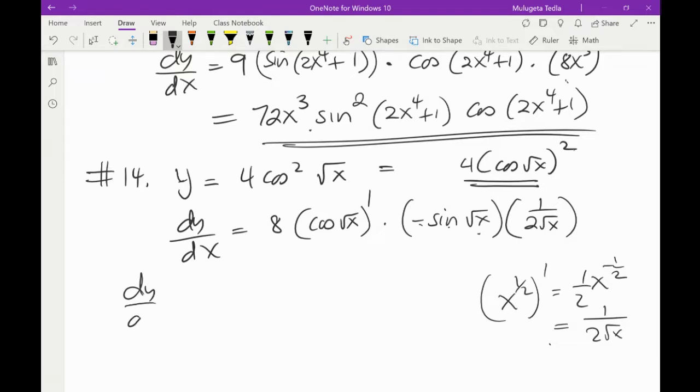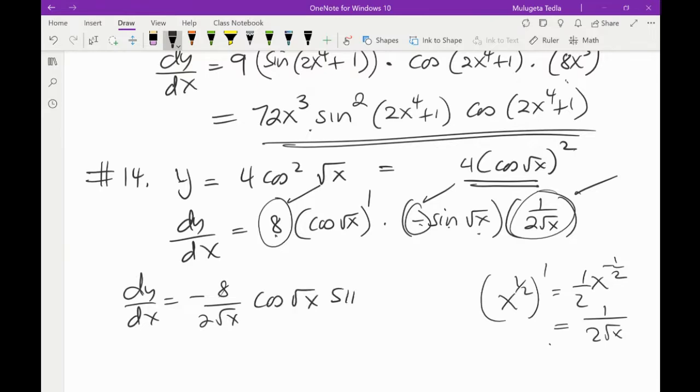So dy/dx actually is, you can adjust it. You see, I have minus 8 over 2 root x, right? I put this times this, and then this. I put 8 times the minus this. Three of them I multiplied already: cosine of root x, sine of root x.